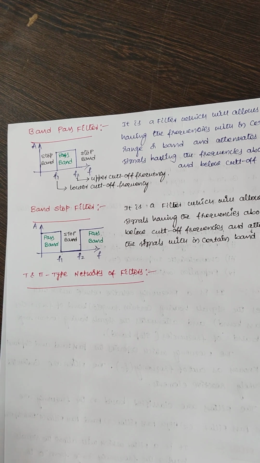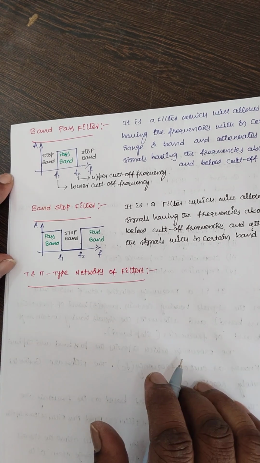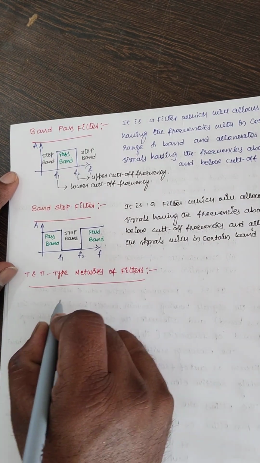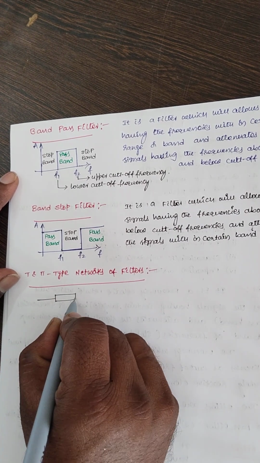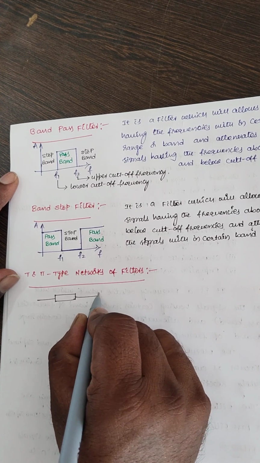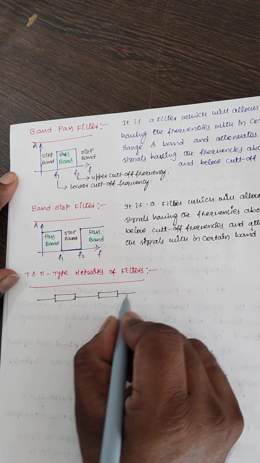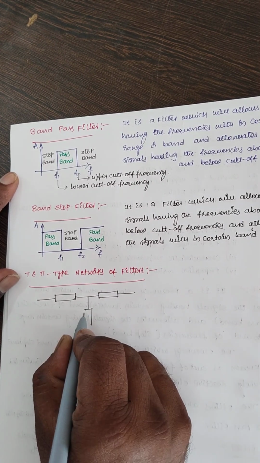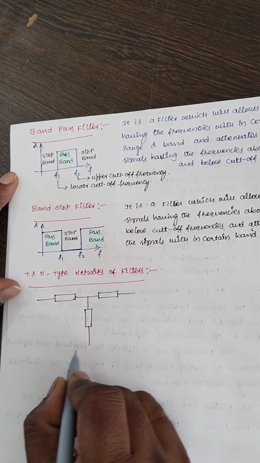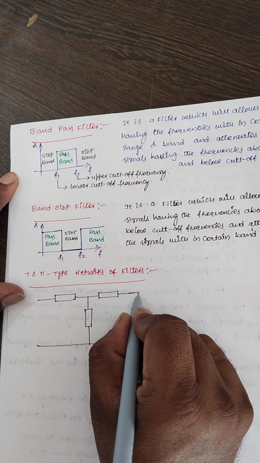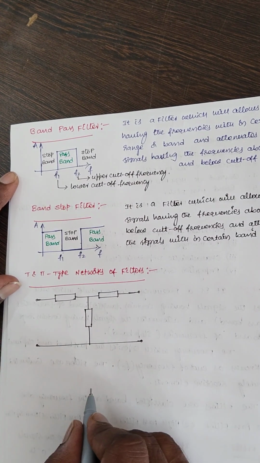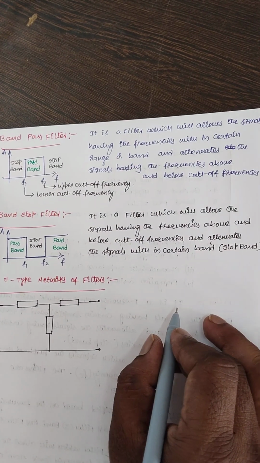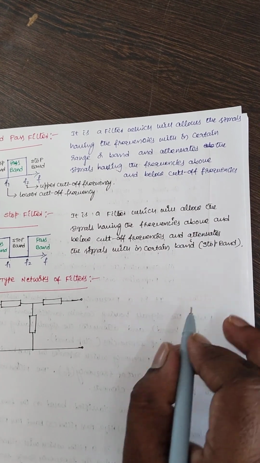So first let me draw the T network. It is in the form of T, as we already know. So this is the form of T. Here, pi network. Let me draw the pi network also.